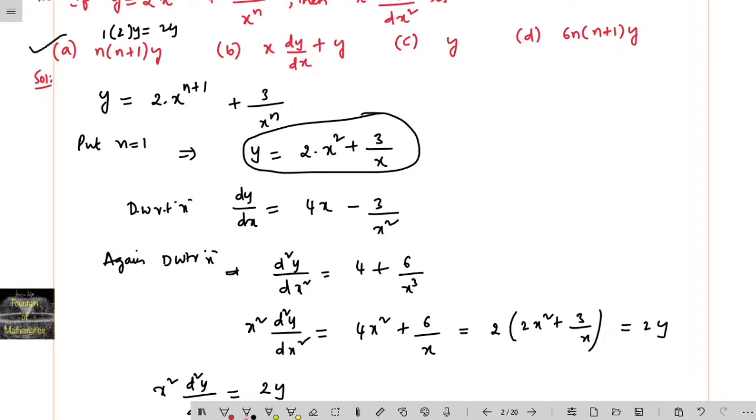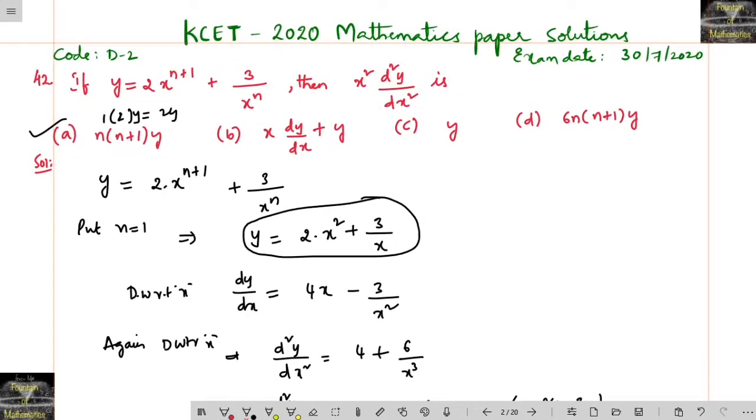So first option is satisfying, and let me also check the remaining options. Option 2 and 3 are independent of n, and fourth option is again dependent on n: 6 into 1, 6 into 2, 12 times of y, no. So we can say first option is the correct answer.